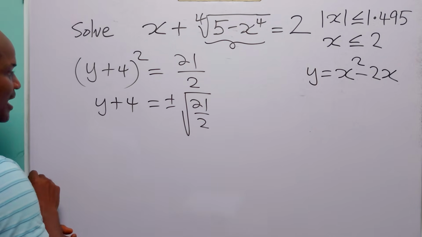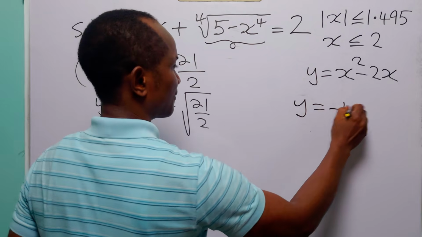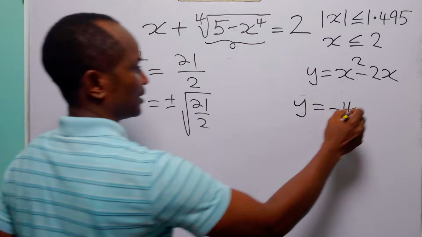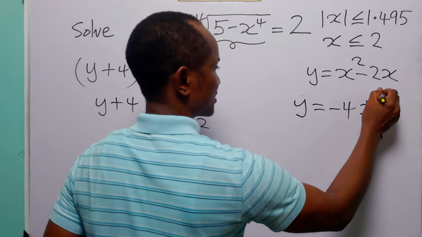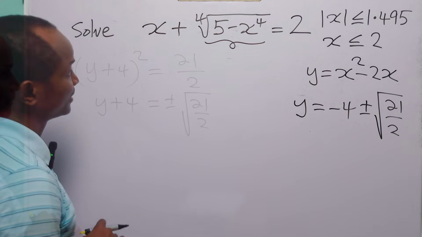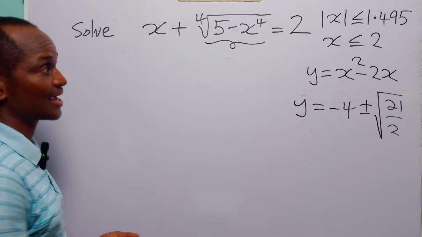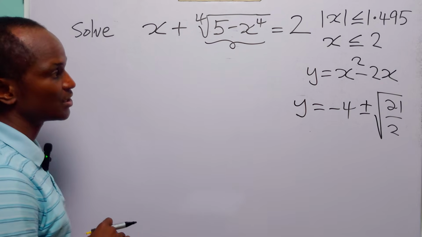And of course, from here we have that y is equal to minus 4 plus or minus root 21 over 2. So now we have two equations to solve for the values of x that satisfy this equation.